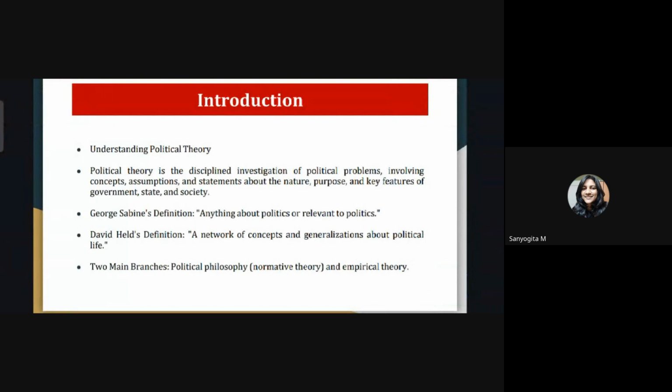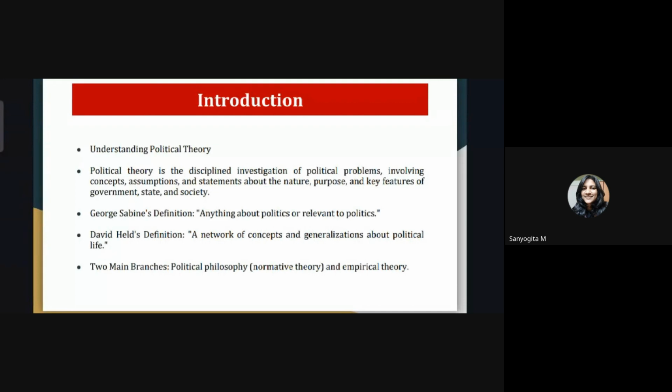Someone would belong to a religion, a particular caste, they may have their own structure. Okay, fine. So political theory speaks about that also. It's not that we discuss only materialistic structures; we discuss ideological structures as well.